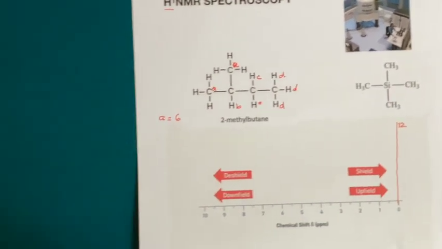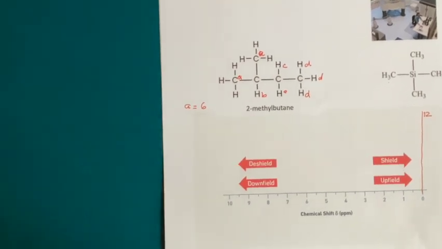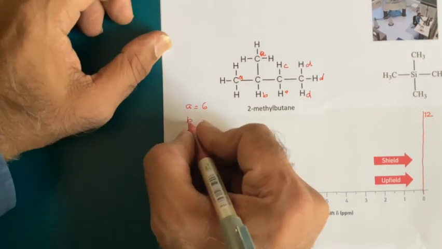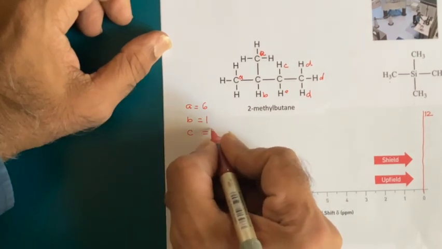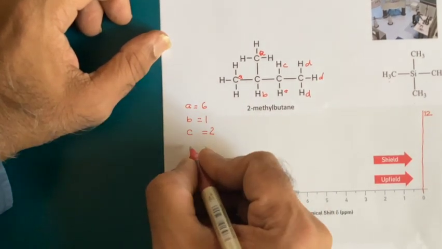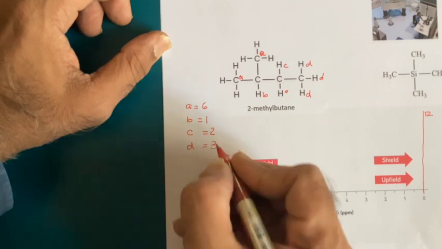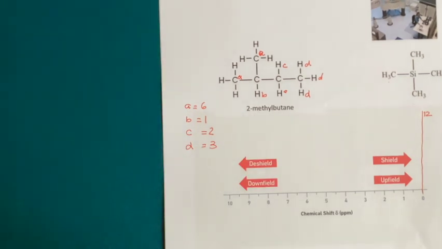But getting back now to 2-methylbutane, we will see that one hydrogen environment has a signal of 6, another one B, a signal of 1, another one C, corresponding to 2, and finally D, corresponding to 3. So what we will get for the low resolution, and HL students have to do high resolution, but SL students, you only need to study this at the level of low resolution.